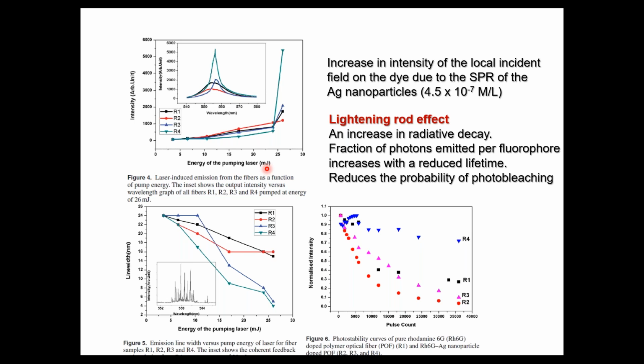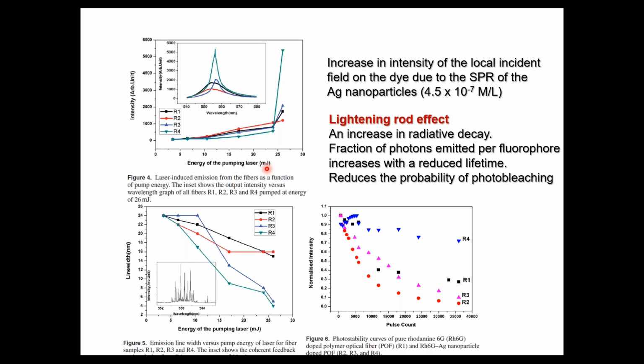In that way, the nanoparticles can shield the organic fluorescent material, as well as offer a better and more efficient excitation mechanism for them to have better emission and better photostability. So it is proved that the incorporation of metal nanoparticles can reduce the photo bleaching.